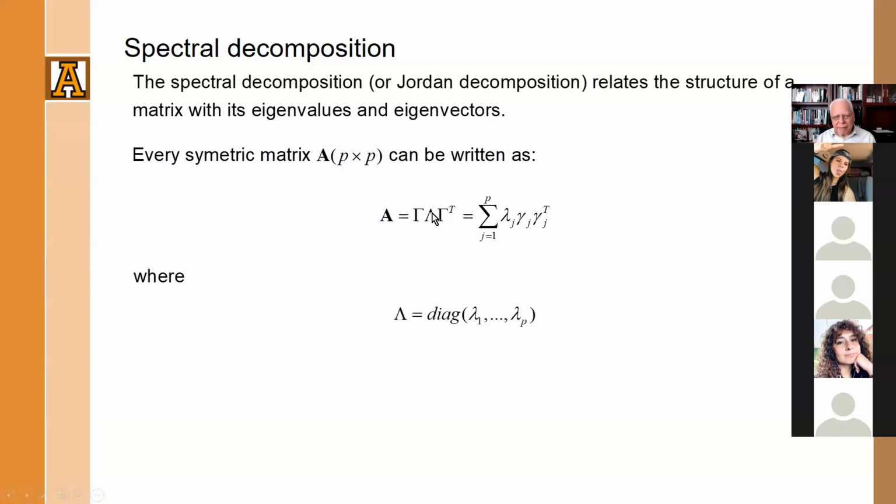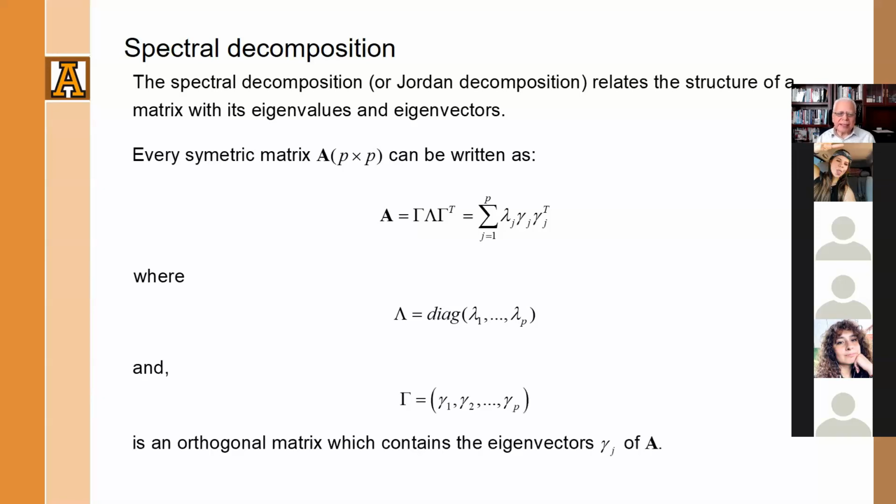Capital lambda will be the diagonal matrix that has the eigenvalues in its diagonal, and gamma will be the matrix that has each of the eigenvectors as a column.